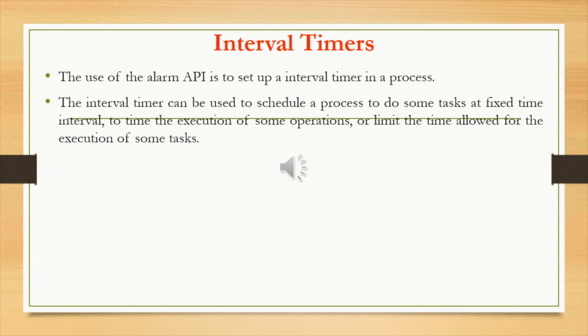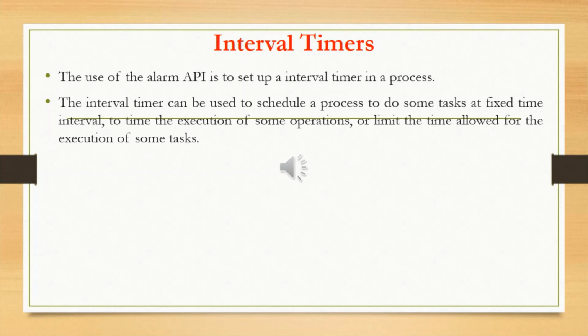Here we discuss interval timers. The alarm API can be used to set up an interval timer in a process. The interval timer can be used to schedule a process to do some task at a fixed time interval, to time the execution of some operations, or to limit the time allowed for the execution of some task or given work.